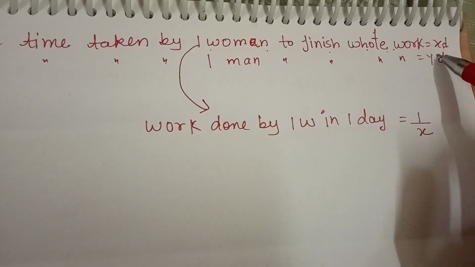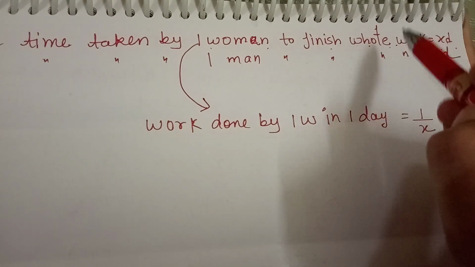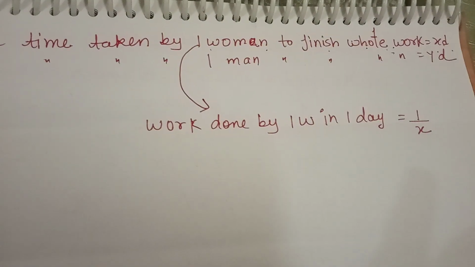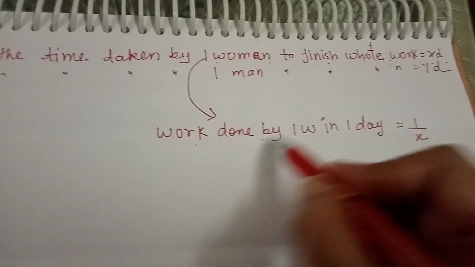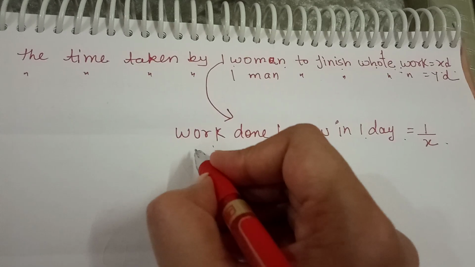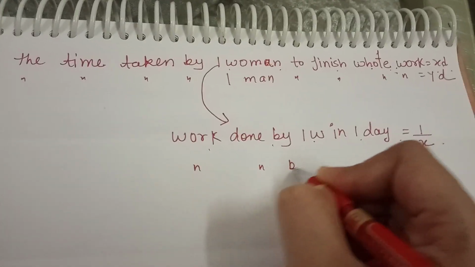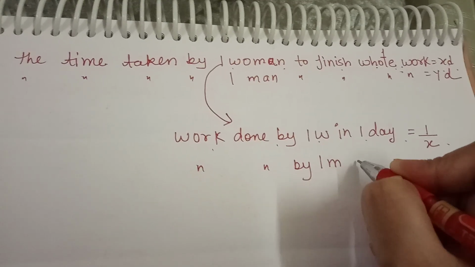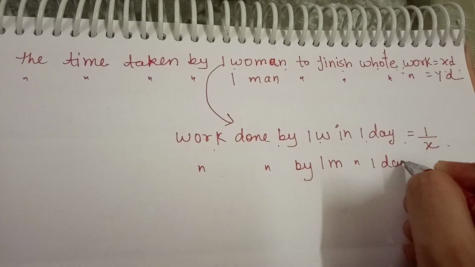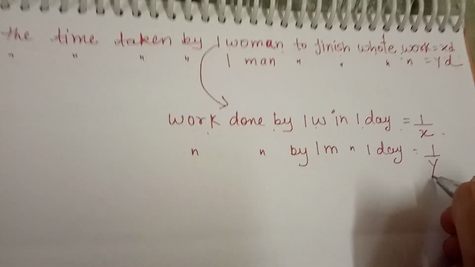If she can do it in x days, so in one day she can do how much work? 1 upon x work. So work done by one woman in one day, 1 upon x. So work done by one man in one day will be equal to 1 upon y. Is it clear? Okay.